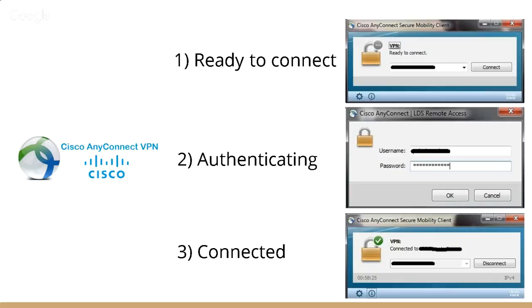Starting in the upper right corner, the image there is step 1, ready to connect. The middle image is step 2, where the authenticating is happening. And then in the lower right corner is step 3, where you're connected, which means a virtual and encrypted channel to the corporate network is created.